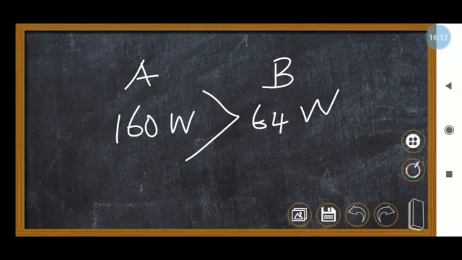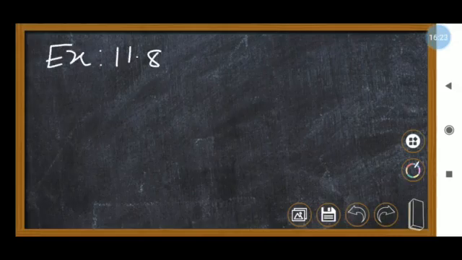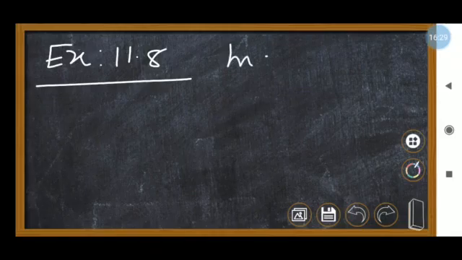And okay, one more problem I'll teach. In that example, what is that? Yes, 11.8, so example 11.8. If you look at example 11.8, a boy of mass 50 kg. So mass they given, just notice that mass equal to 50 kg. Whenever you look, weight or mass they given, the boy runs up a staircase of 45 steps in 9 seconds.